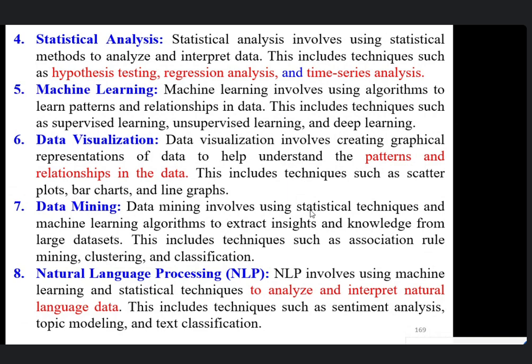Then data mining, the next common technique, is the process of extracting meaningful, interesting patterns from a huge volume of data.